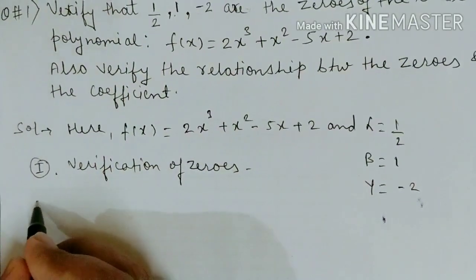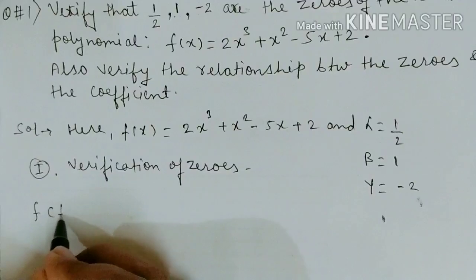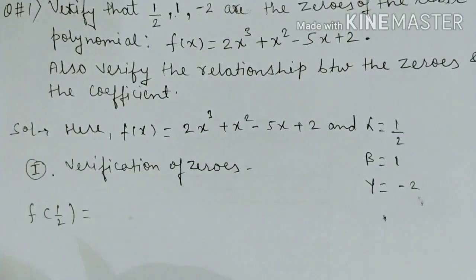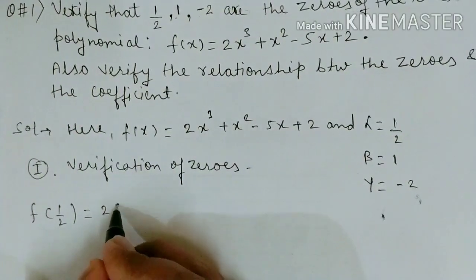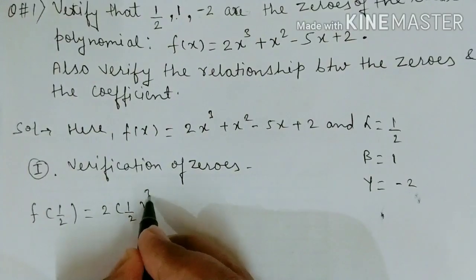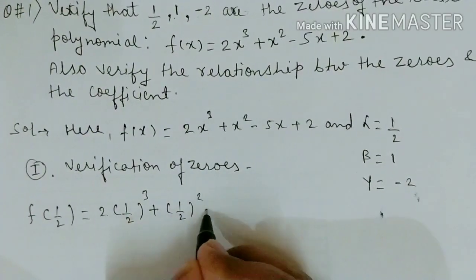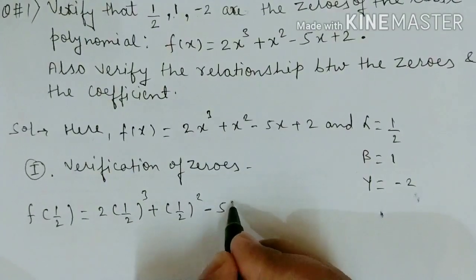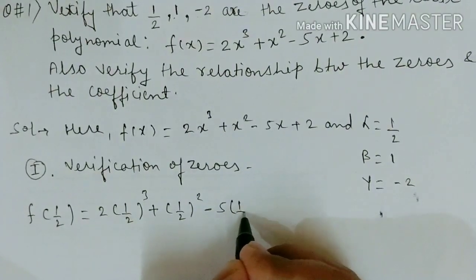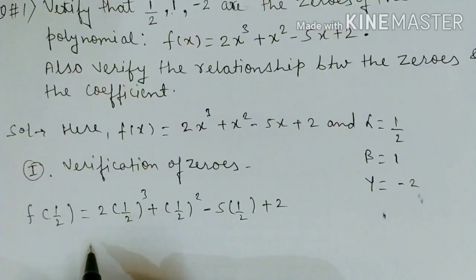So first I will put 1 by 2 in place of x in the given function. So it is 2 into (1 by 2) cube plus (1 by 2) square minus 5 into 1 by 2 plus 2.